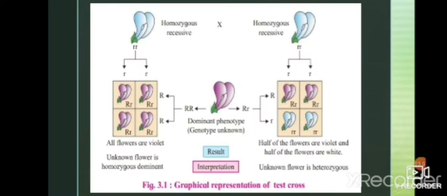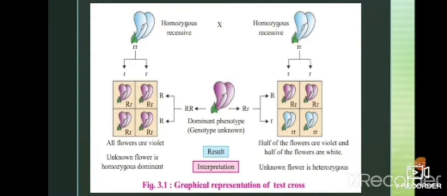In the graphical representation of test cross, homozygous recessive, denoted by small r, is crossed with a plant whose genotype is unknown.